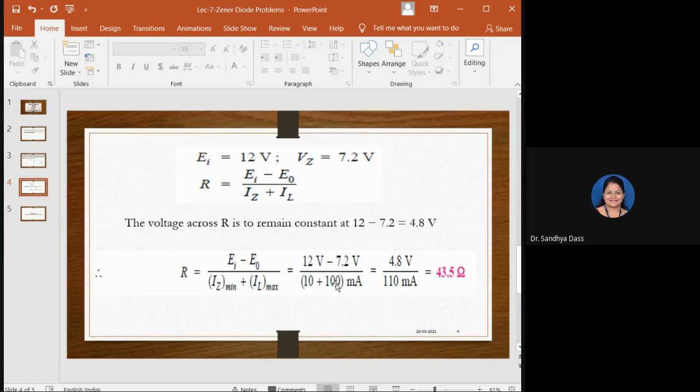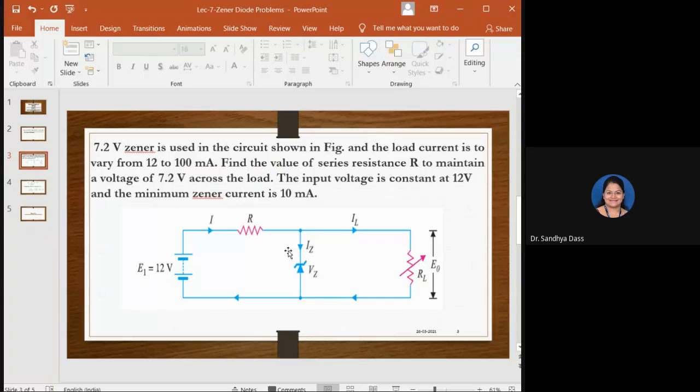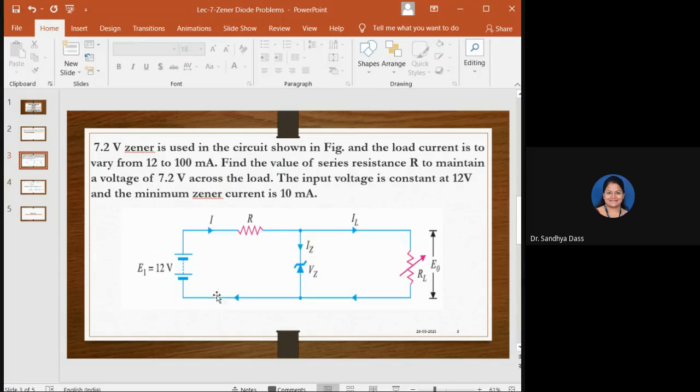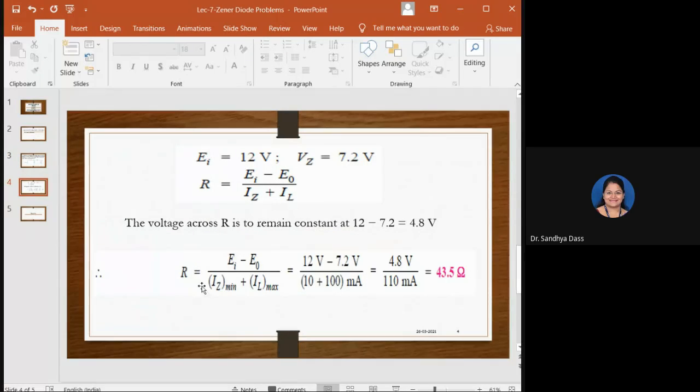EI is given as 12 volts, and E0 is the voltage across the Zener diode, which appears at the output terminals, so E0 will be 7.2. Iz minimum plus IL maximum: Iz minimum is given as 10 milliamps, and IL maximum is given as 100 milliamps.